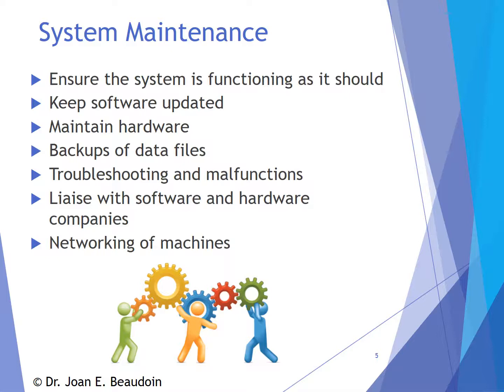You also need to deal with troubleshooting computers and the systems and malfunctions of the software, hardware, and systems. You also have to liaise with software and hardware companies. So if you're running a particular software for your catalog, say, or for your digital library, you will be in contact with the software company pretty frequently when they'll be telling you about updates and bugs and fixes and things that are coming.